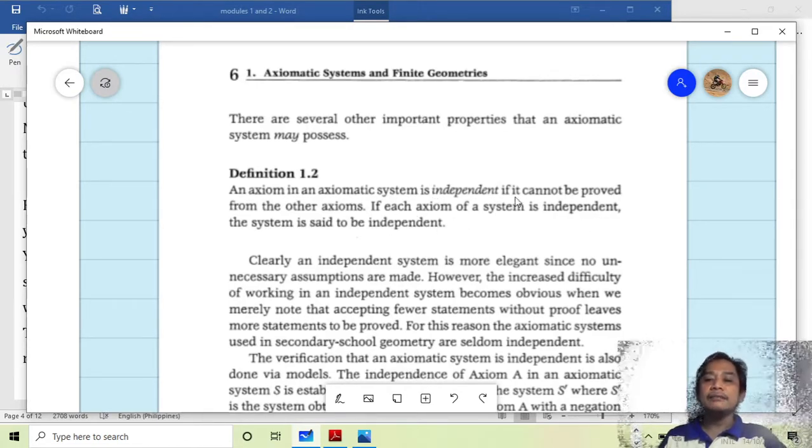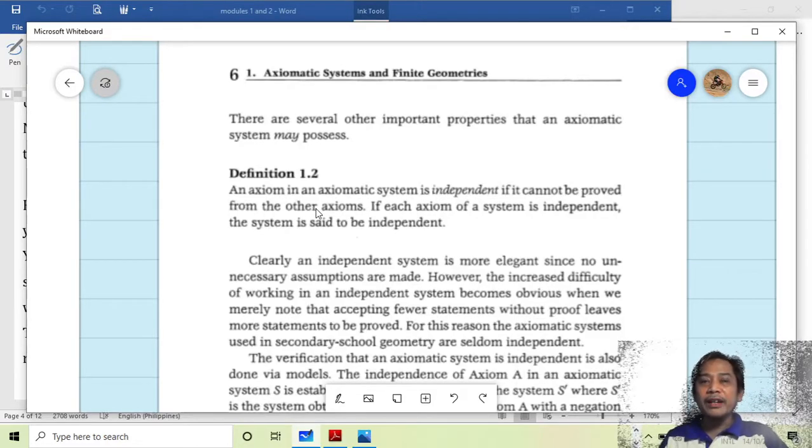Again, if an axiom cannot be proven by the other axioms, then it is said to be independent of the other axioms. That means its truth does not depend on the truth of the others. In other words, it could be false even if the other axioms are true.